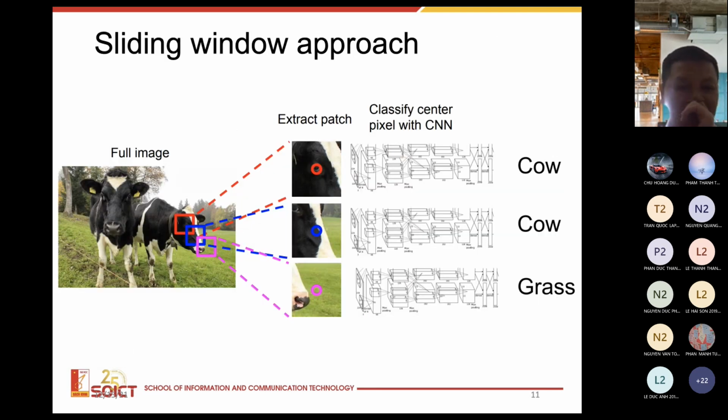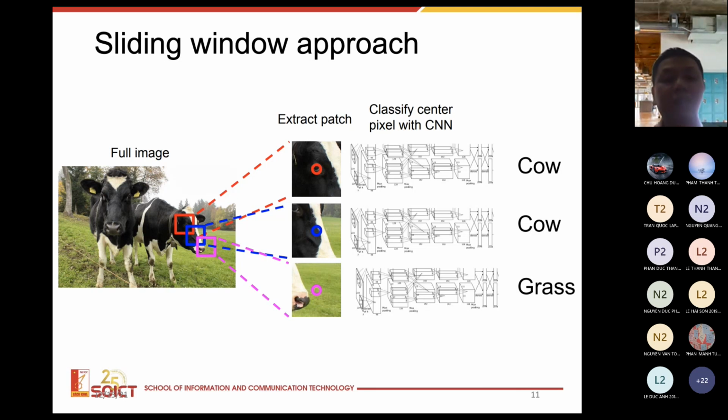Okay, so the approach for this problem: in the past, people thought about using the sliding window approach for the image segmentation problem. In order to classify every pixel in the image, you analyze the location around the pixel to have a specific window, right?